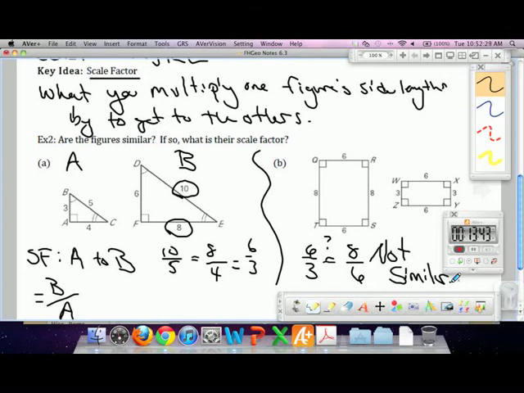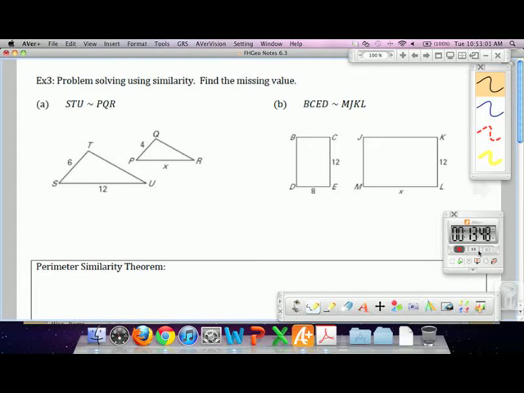You cross multiply. Alright, so now they're similar, we can use that idea of a similarity statement and actually find some missing pieces. And this is kind of where we're headed for the rest of this chapter: to be able to take some similarity statements and then create some proportions.